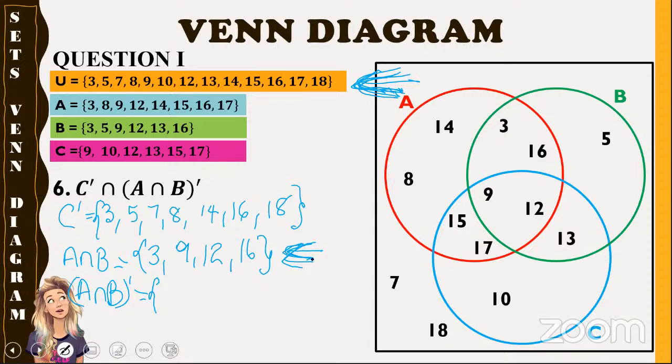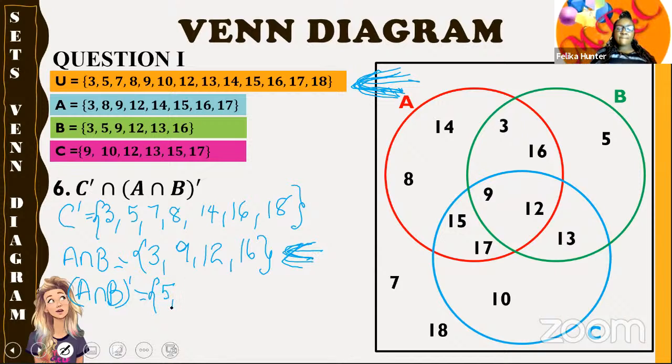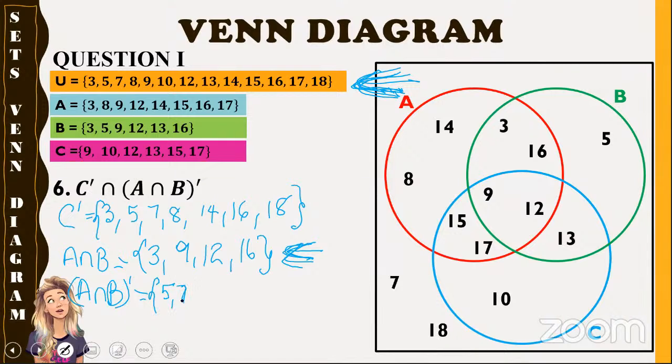So that'd be 5, Miss. 8. What about 7? Did 7 come on the A intersect B flight? No, Miss. So 5, 7, 8.